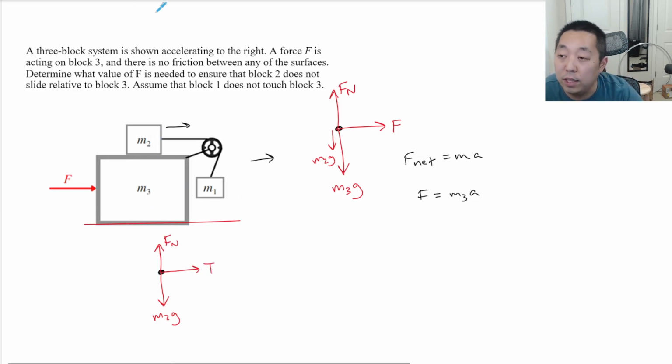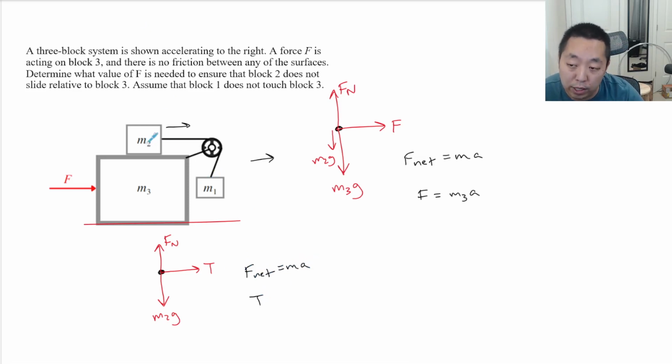The net force equals ma. I only have tension in the horizontal direction, and that equals M2 times the same acceleration, because if I don't want M2 and M3 to separate from each other, they both have to have the same acceleration.